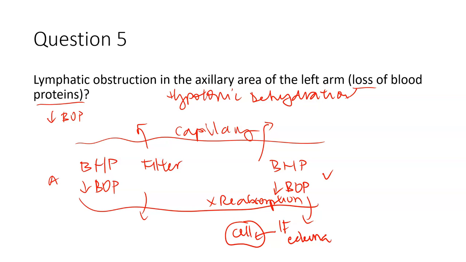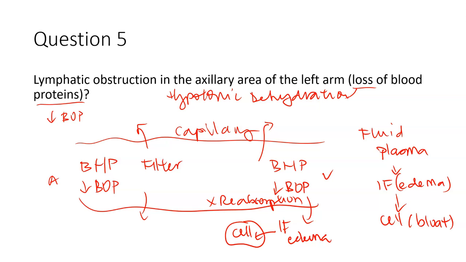So just to keep track of fluid movements in this situation, it's from the blood plasma into the interstitial space, causing edema, and into the cell. Those cells will then bloat. All right, so just thinking about this whole big picture, when we talk about what's primarily lost, that's how we figure out what kind of dehydration we've got.